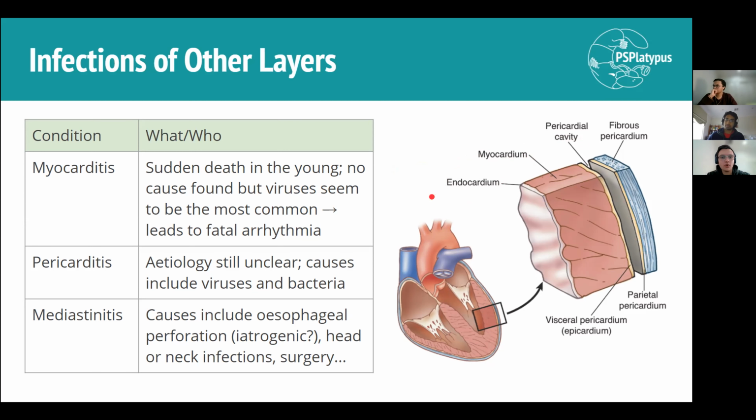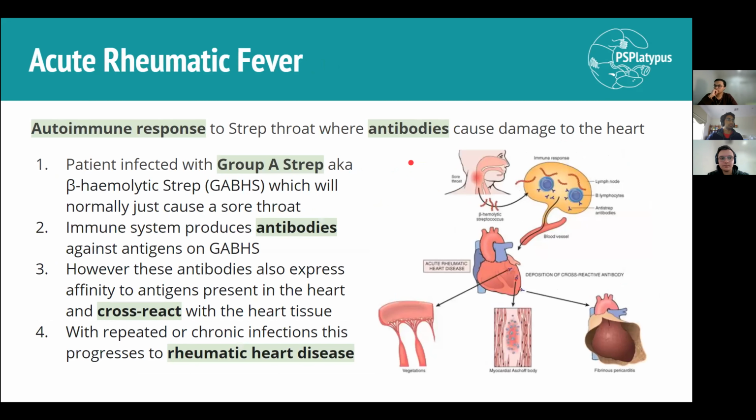And obviously you've got a lot of important structures in that region. Head and neck infections can spread there, surgeries can cause damage, and so on. So these are all very similar. It's just that they're affecting different parts of the heart or layers outside of the heart.